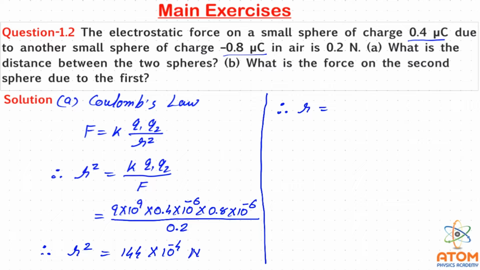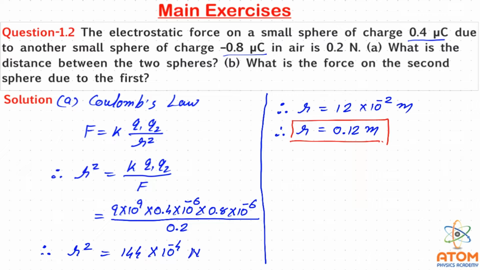Obviously it will be the root of this, so that is 12 into 10 raised to minus 2 meter, or you can also say it is 0.12 meter. So this is our answer A.